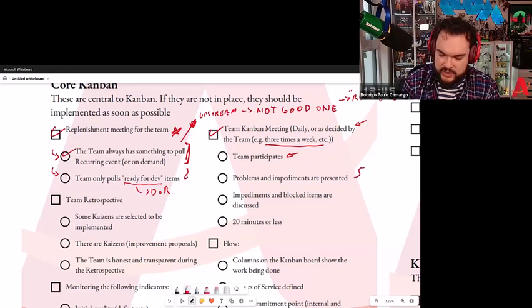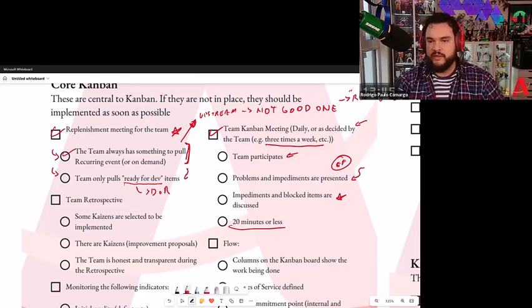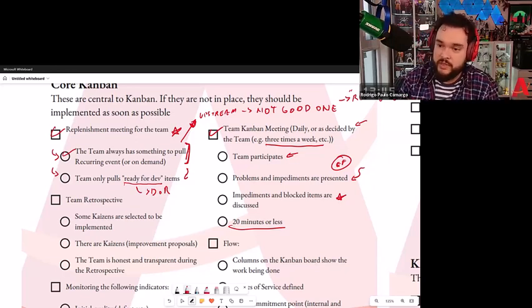The next one is actually people are presenting the problems and impediments. So I'm even checking here how effective this daily is, right? We are also discussing impediments and blocked items, and then I put 20 minutes or less, right? You probably know the daily is more commonly 15 minutes or less. I always prefer to say 20, and the only reason behind that is 5 minutes per day will not kill anyone.